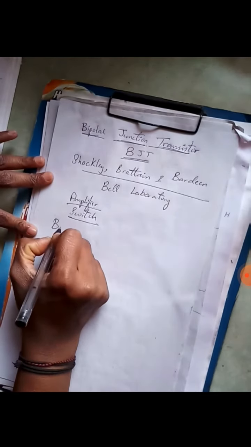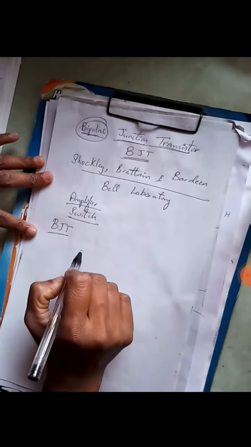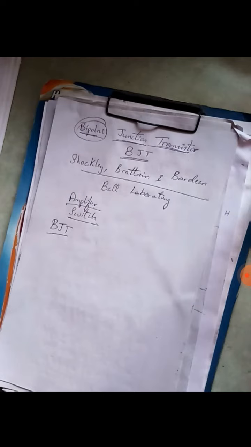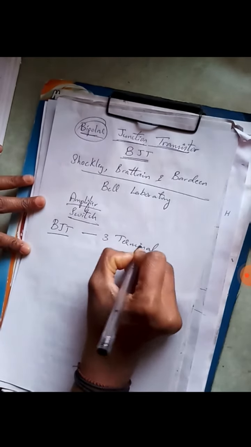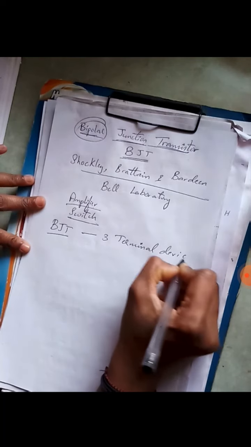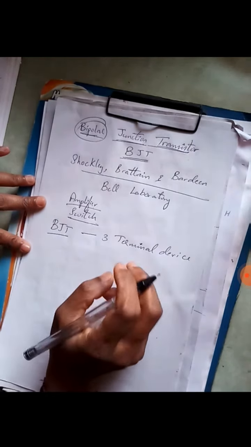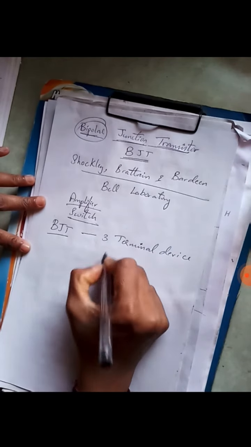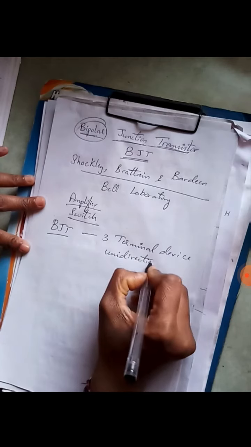So what is this BJT? BJT stands for bipolar junction transistor, and this transistor is a three-terminal device, a unidirectional current conducting device. Uni stands for one side, right?